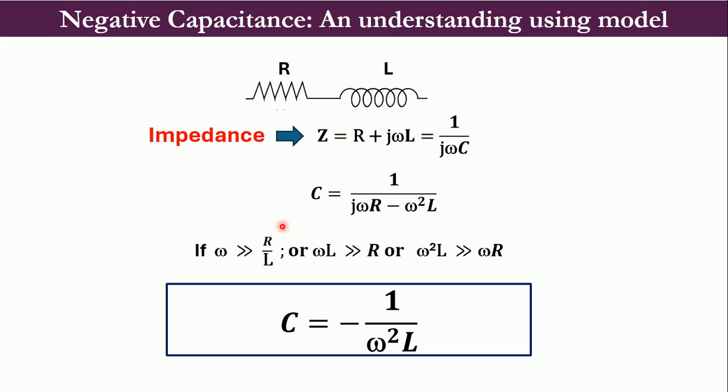Then we extracted the value of capacitance and found its dependence on frequency as 1 by omega square, which happens when we consider the frequency much greater than R by L.